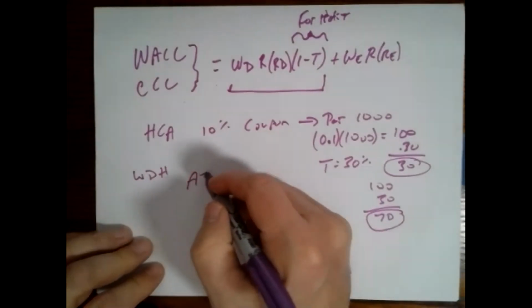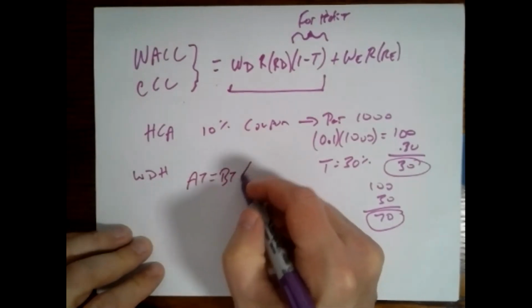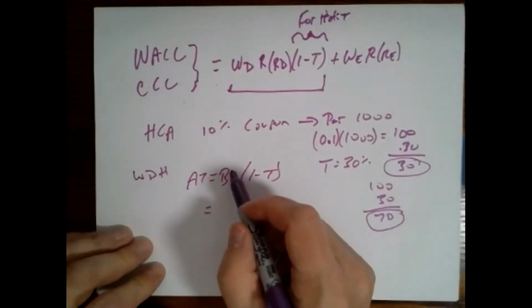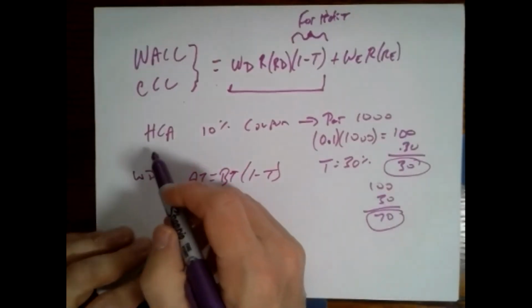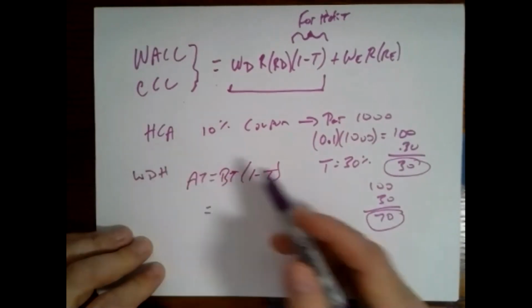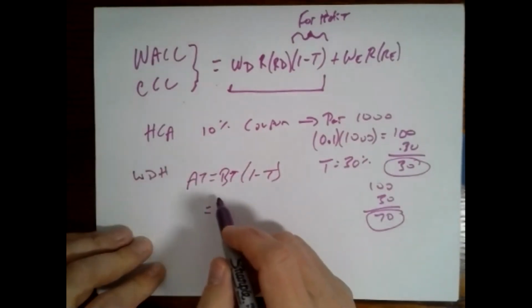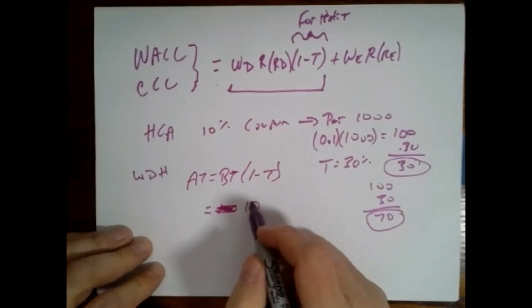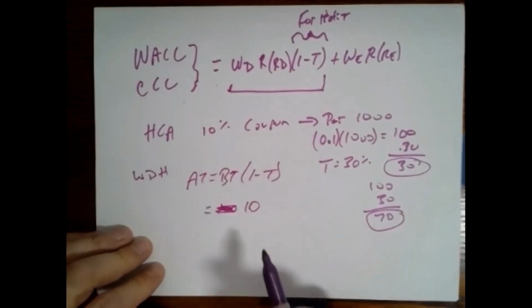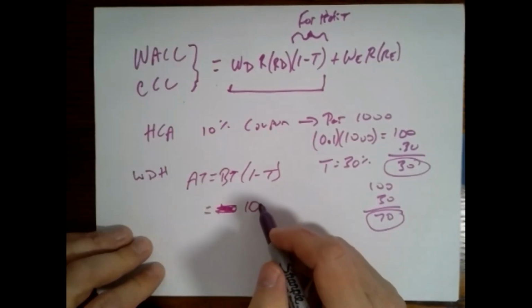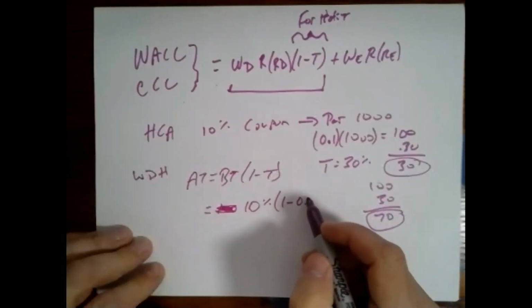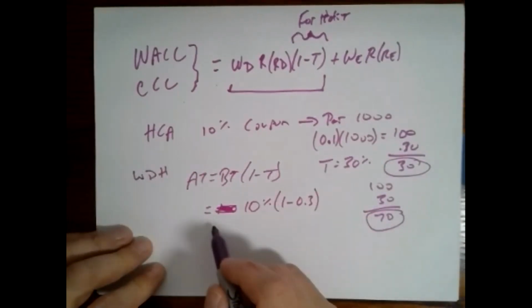So we gave you that formula, AT equals BT times 1 minus T. If you want to find the equivalency between Wentworth Douglas and HCA, what you put in for the BT is the coupon rate that HCA pays, which is 10%, multiplied by 1 minus the tax rate, which we said was 30%, or 0.3.